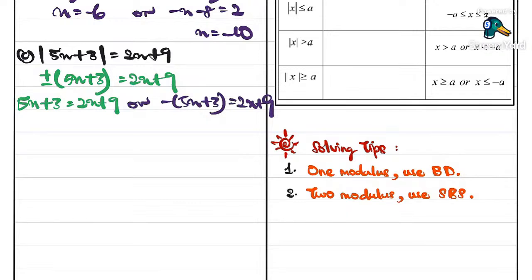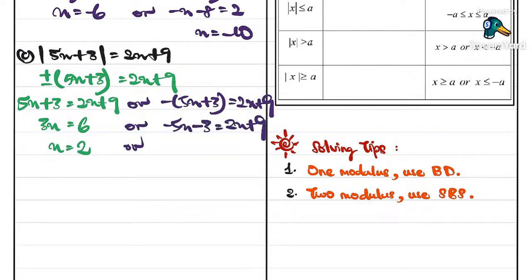So here goes 5x minus 2x, you will get 3x. 9 minus 3 is 6, therefore x equals to 2. Or we have here the word or must be written there. How much important to write it down. So basically we have a negative 7x is equals to 12.